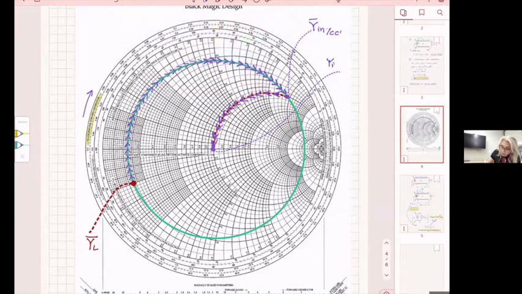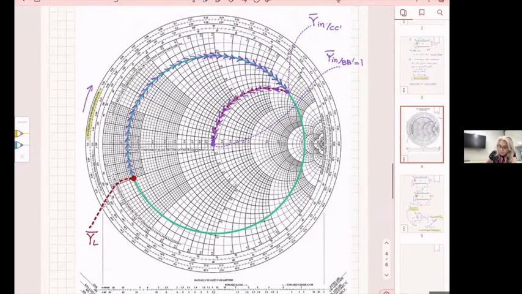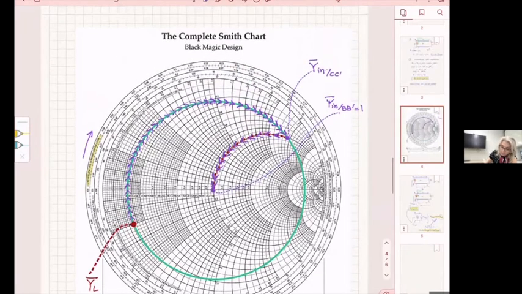So I know the relationship between the two, and that tells me that ys is going to be y input BB prime minus y input CC prime.